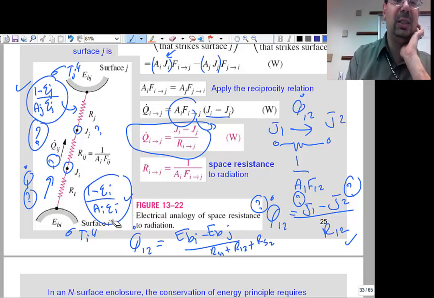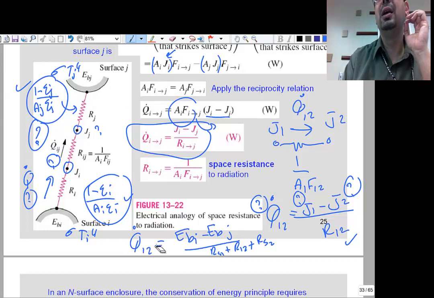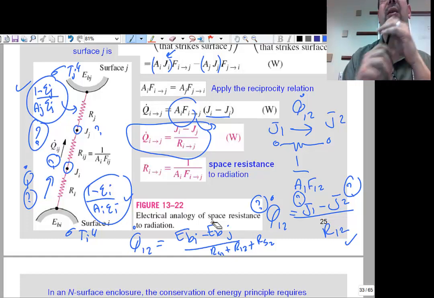This is the resistance of the first surface, this is the resistance between them, and this is the last resistance. So it's 2 surface resistances and a space resistance. And you get your Q from 1 to 2. Right? Very good.